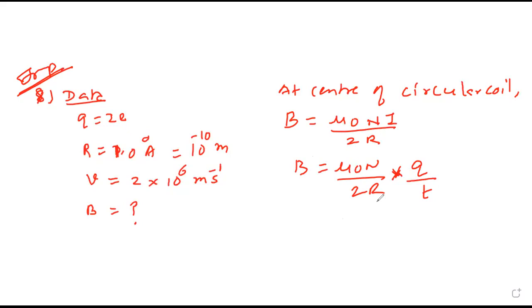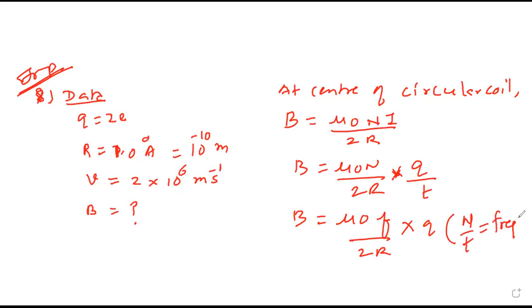Number of turns per unit time is called what? Frequency. Yes. Number of turns per unit time means frequency. Frequency means 1 upon time period. Okay, mu naught Q upon 2R.